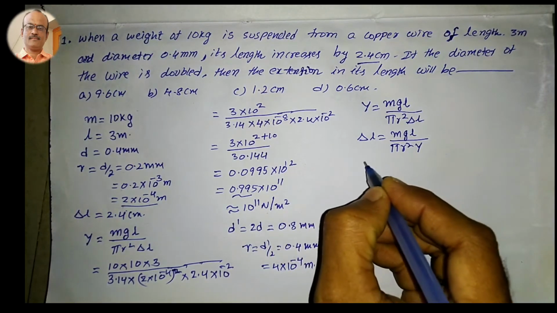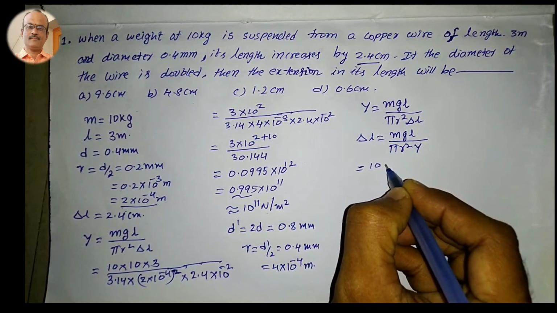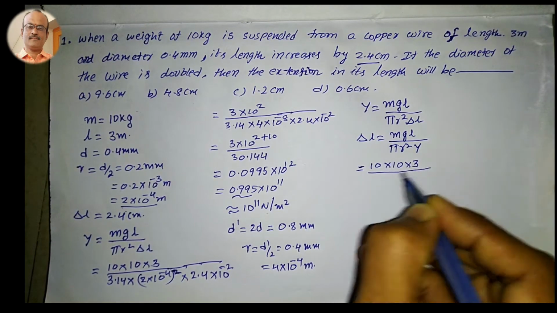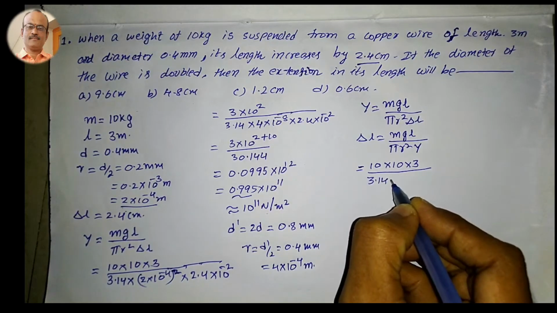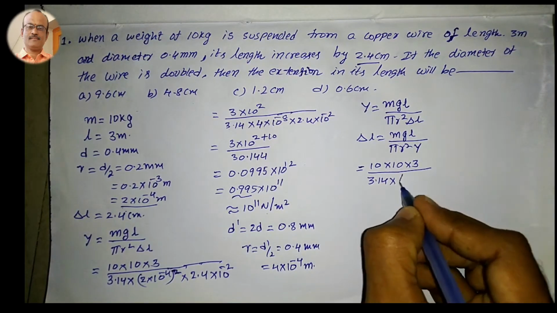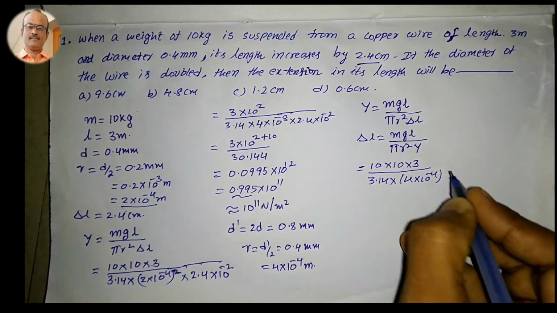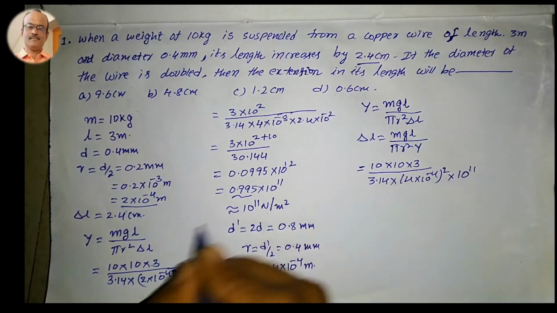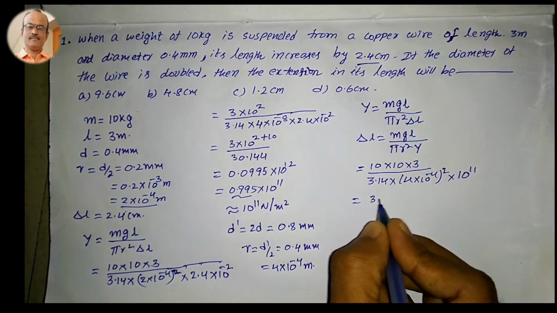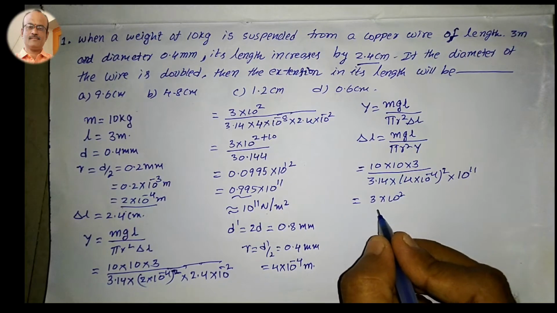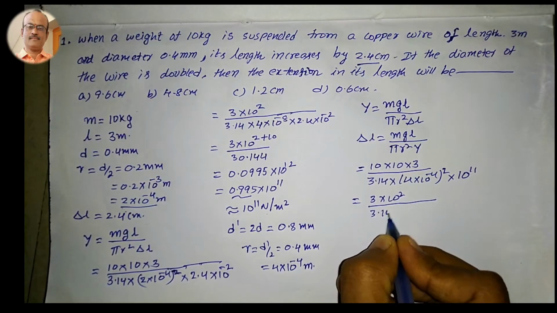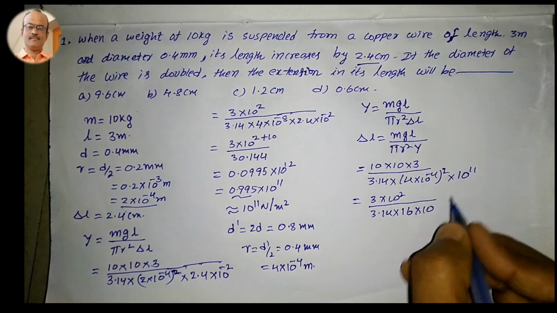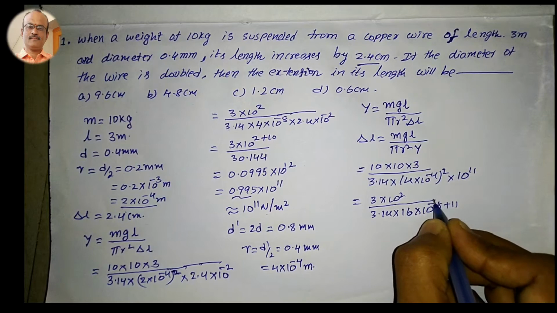Now I am substituting here. M is 10 and g is 10, length is 3, divided by pi, 3.14, into radius 4 into 10 to the power of minus 4 whole square, into Young's modulus, which we got as 10 to the power of 11. Now simplification. 3 into 10 square divided by 3.14 into 4 4s are 16 into 10 to the power of minus 8 plus 11.